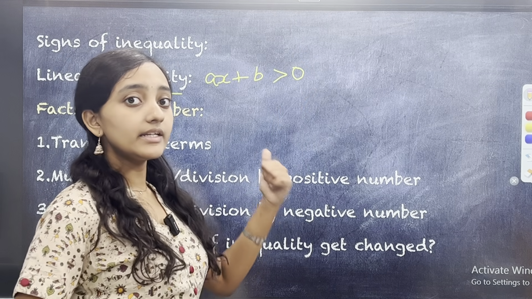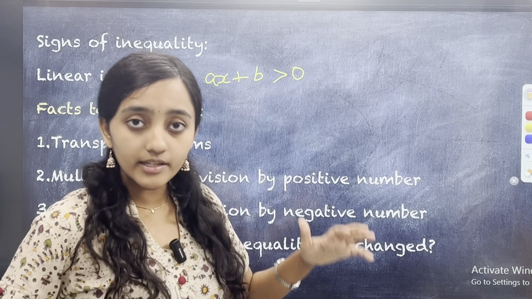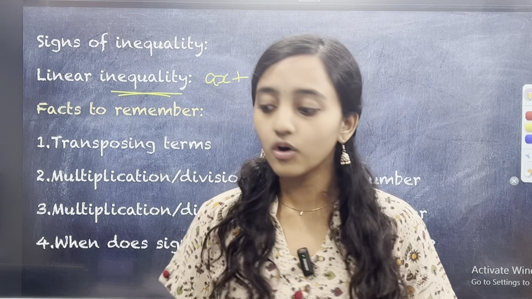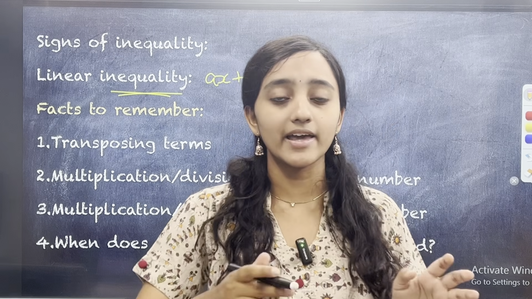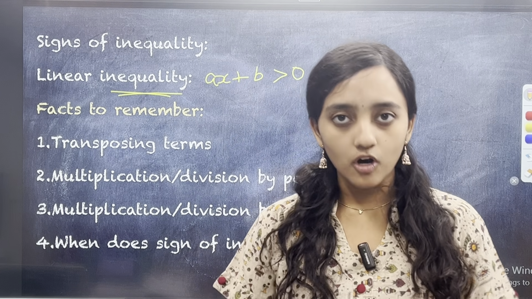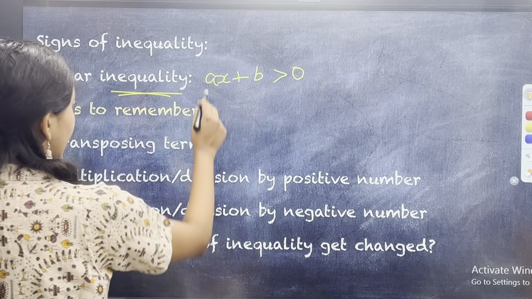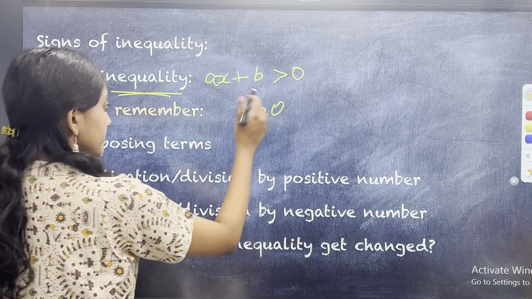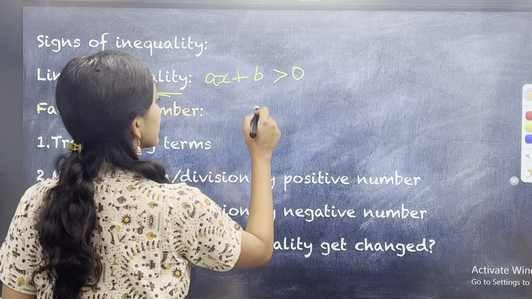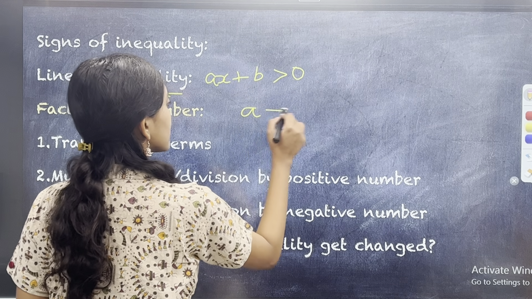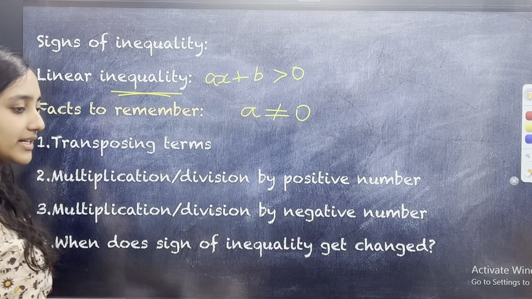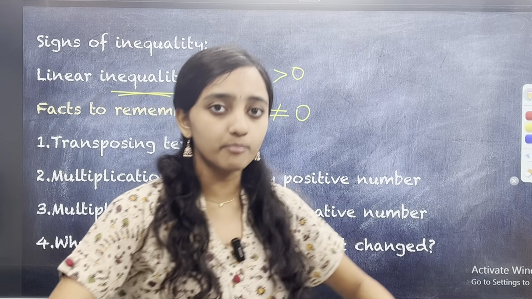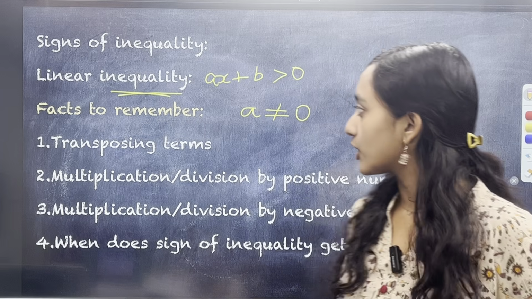This is a linear inequation. लीनियर इनइक्वेशन का मतलब होता है जहां पे ग्रेटर देन और लेस देन ऐसा कोई रिलेशन हो, और इंस्टेड ऑफ हैविंग जस्ट इक्वल टू, ax plus b is equal to 0 is a normal equation. This is an inequality और यहाँ पे a should not be equal to 0. It can be greater than or less than 0, but it should not be equal to 0. So ax plus b greater than 0 is an example of a linear inequation.